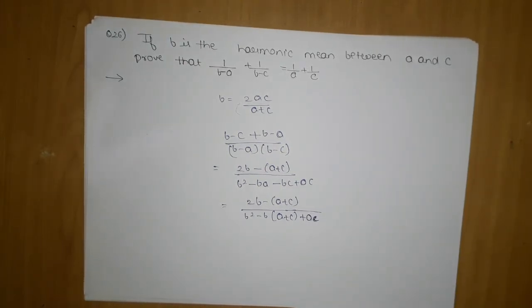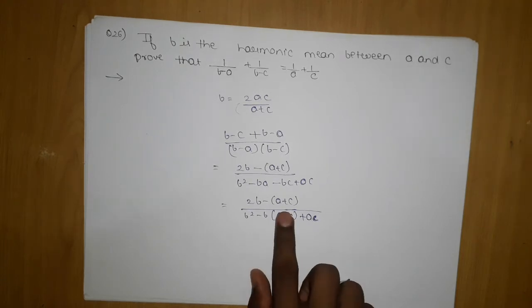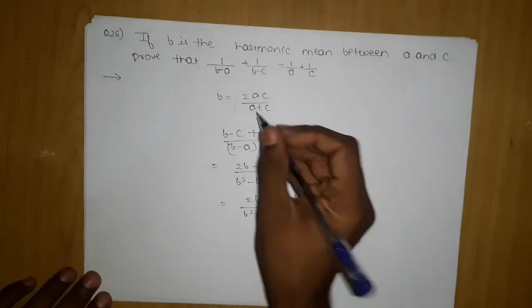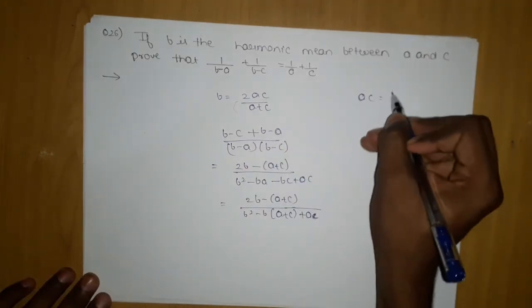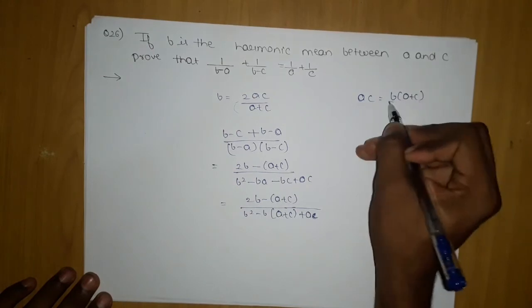If we substitute c, what will we get? b into (a plus c) upon 2, right, 2a. If we substitute ac, ac is quite easy, with a plus c we will get something in numerator and denominator. So we will substitute ac from here. So ac will be b into (a plus c) by 2.